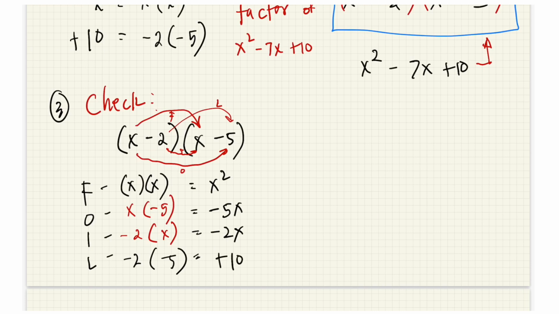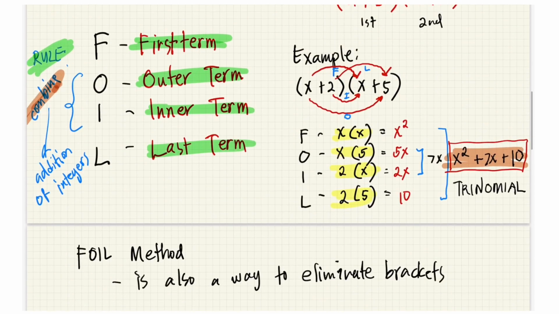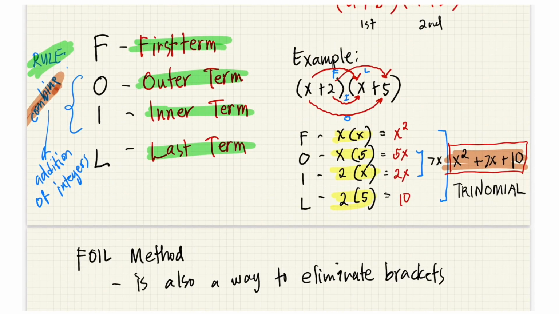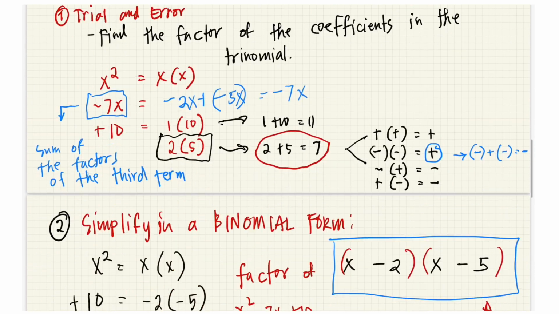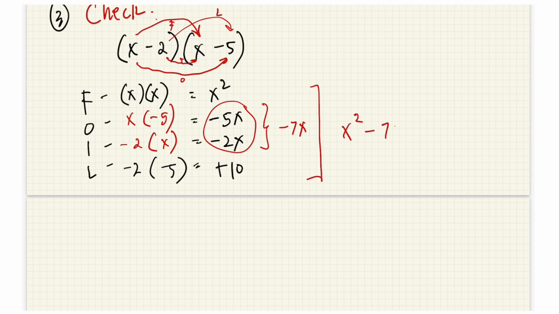Next, we review. We go back to this. Remember this thing here? So that's what we're going to do here. We are going to combine the two, so it gives us negative 7x. So we simplify this. So we have now x squared minus 7x plus 10.